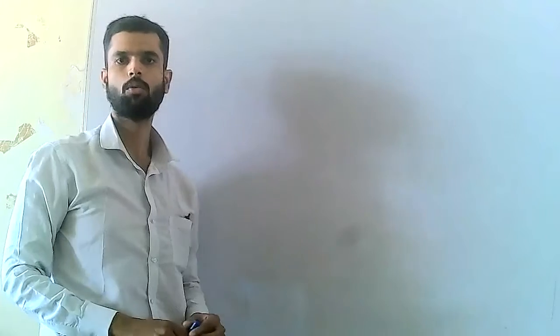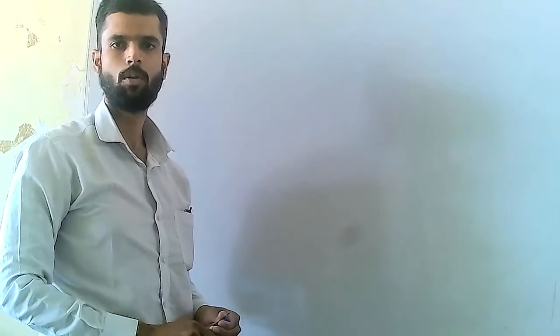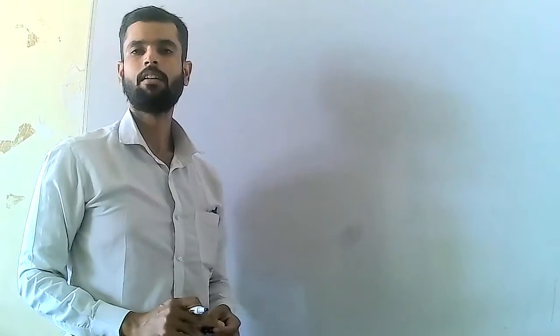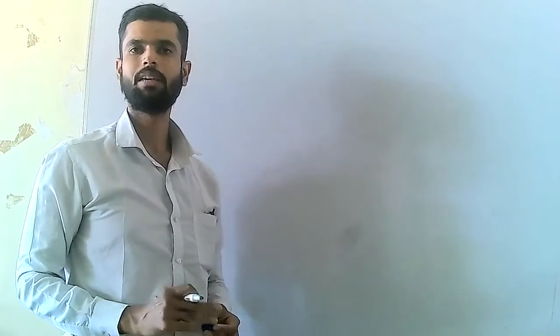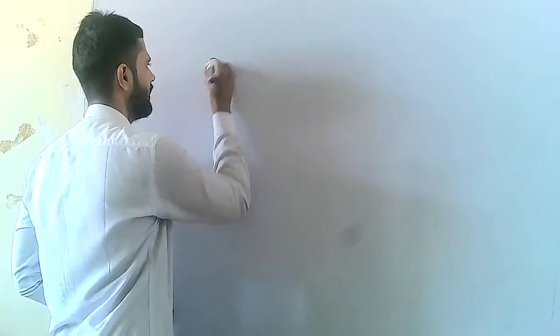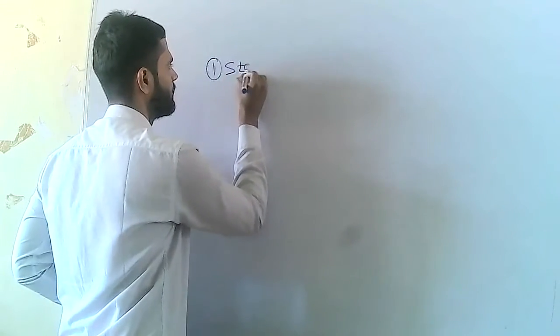Today we are going to discuss the different character generation methods in computer graphics. Basically, we are going to use three methods for character generation. First method is the starburst method.